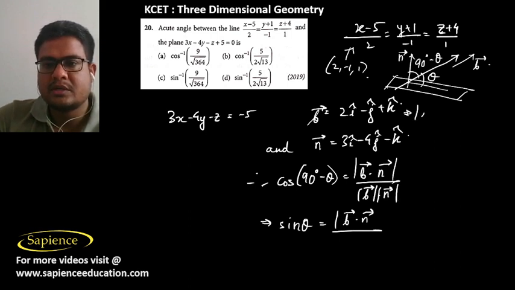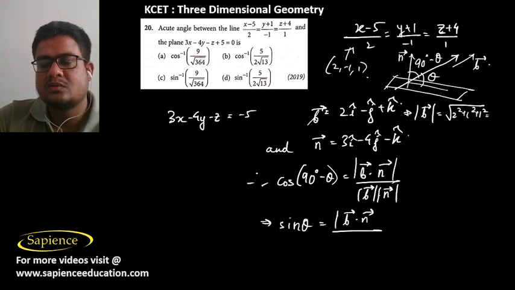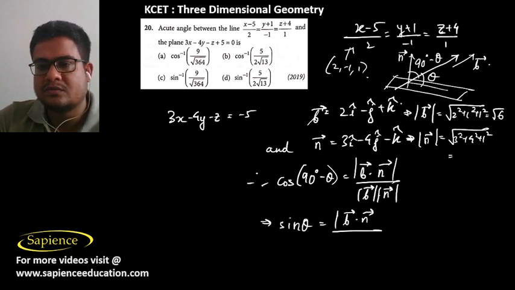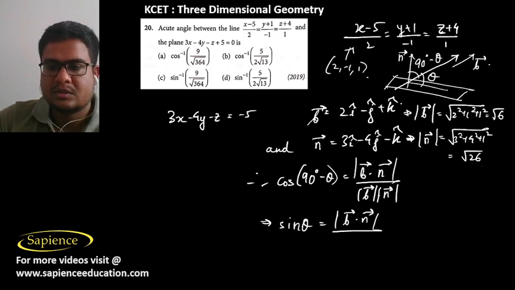Here, magnitude of b I can find, that is square root of 2 square plus 1 square plus 1 square, that is root 6 units. Magnitude of n vector is equal to square root of 3 square plus 4 square plus 1 square, that is 9 plus 16, that is 25 plus 1, that is 26, so root over 26.